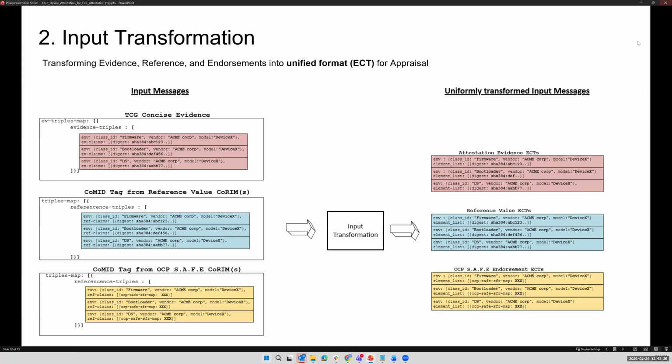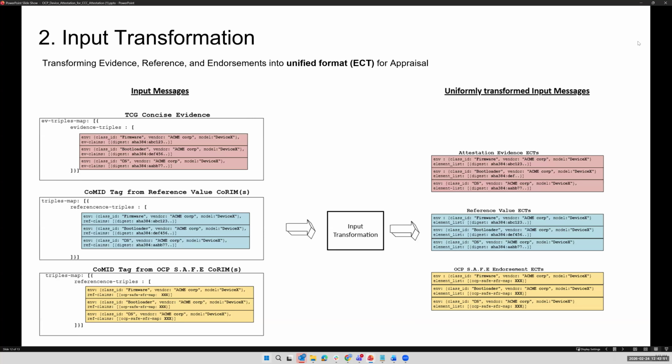So if you see, the evidence triples align with the reference triples from the quorum. The evidence we get in the measurement field of the EAT is in the evidence triples format, and each of these claims would be the target environment claims, and they match with the quorum reference values that are provided by the supply chain entities.